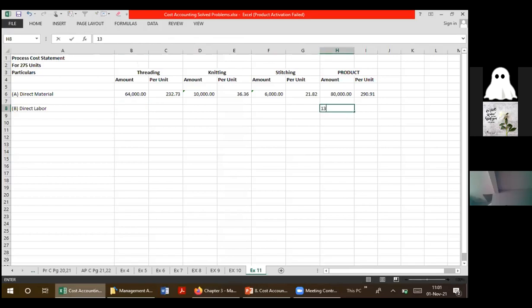So for the product, we have 130,000 for direct labor. Per unit would be 130,000 divided by 275. 130,000 divided by 275, that is 472.73.